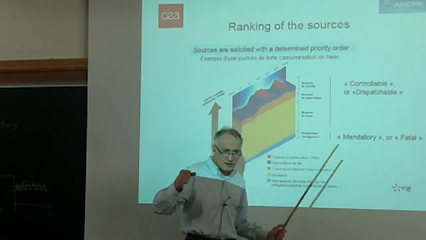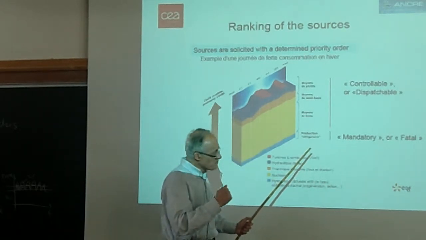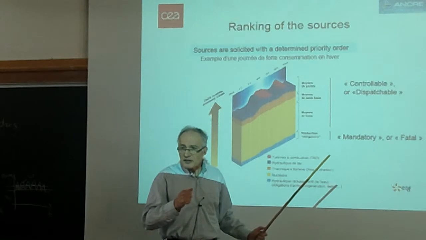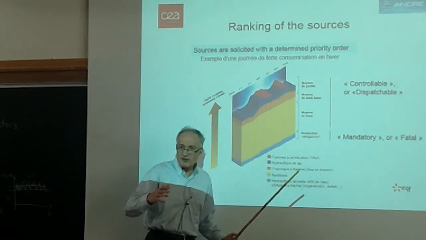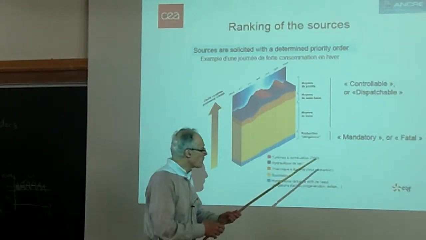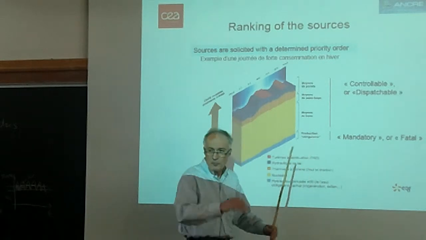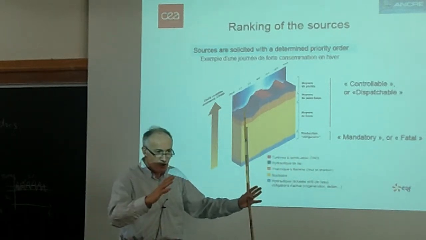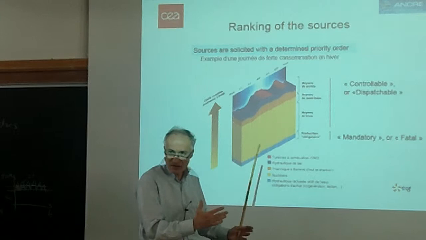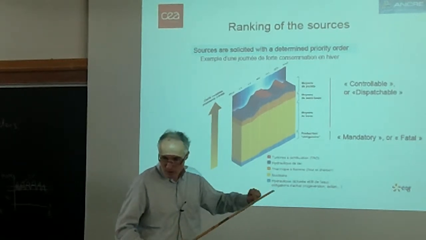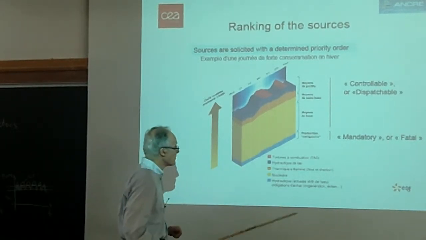The term consacré in English is non-dispatchable. I hate this word, so I prefer the word mandatory. They are put on the market whatever happens, and in totality. All the available power is put on the grid.